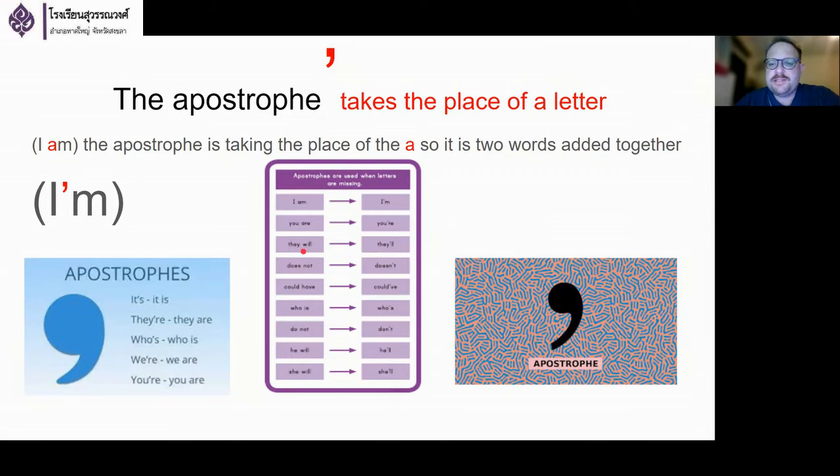That one is a little different. They will, they'll, they apostrophe L. Same meaning, they will, it just sounds different, but now it's a contraction of they will, they'll. Don't forget this apostrophe, it likes to eat letters and it looks like the number 9. So watch out for those.